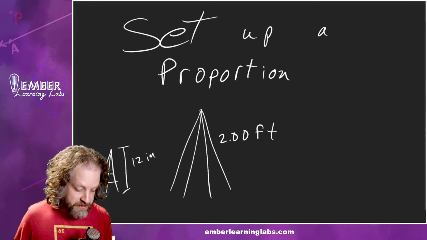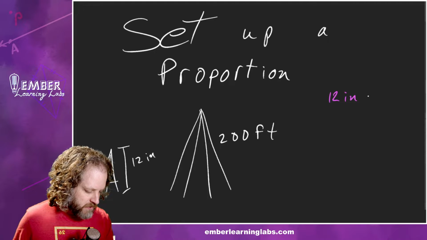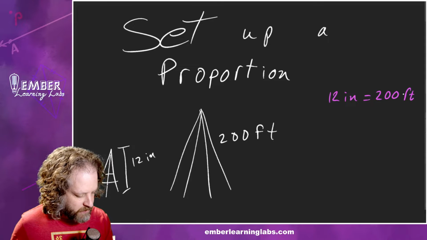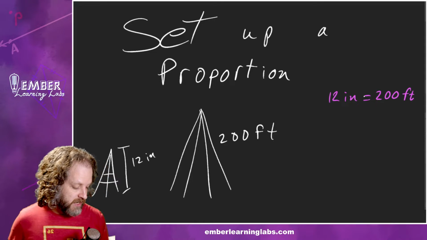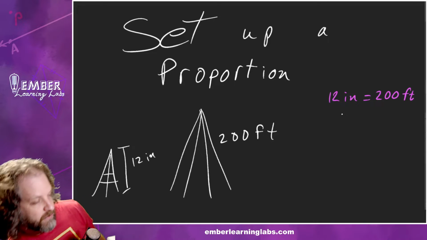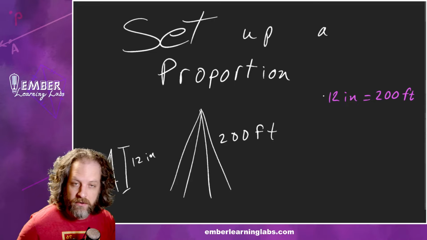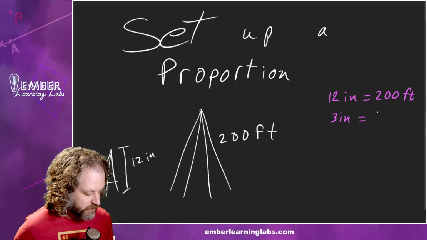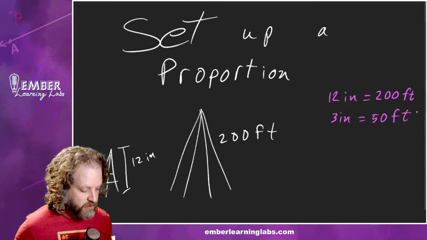But if we were just trying to find the scale, we just do 12 inches equals 200 feet, right? And then you'd reduce it by 2, and you'd get 6 over 100, and then reduce that again. So what can we actually reduce by? 4, right? So we get 3 inches equals 50 feet, right? So you could do that.